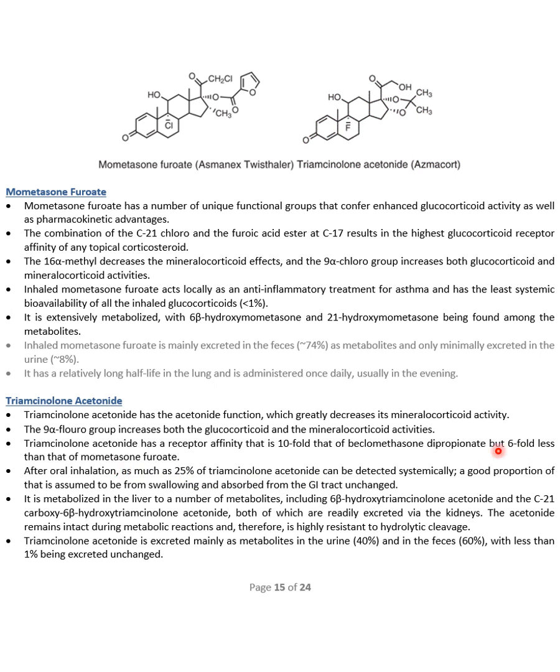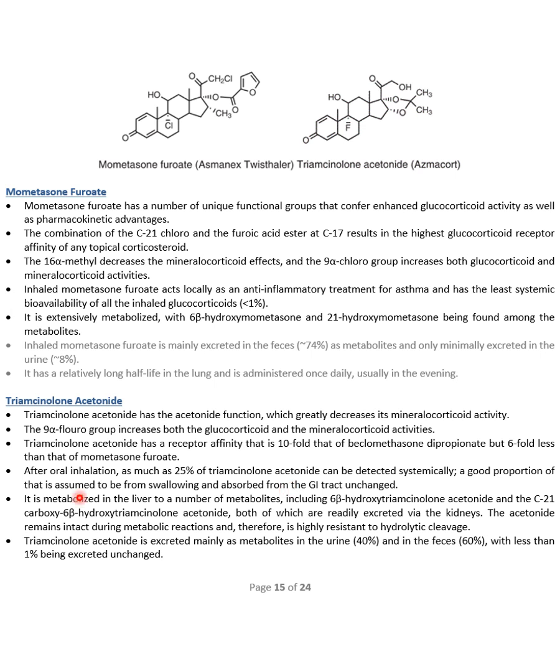And by the way, I do not expect you to memorize how many folds higher binding affinity each one has compared to the others. The important thing I want you to know is that if you are given a table, you are able to use the table and tell from it the effect of these functional groups on any of these drugs.